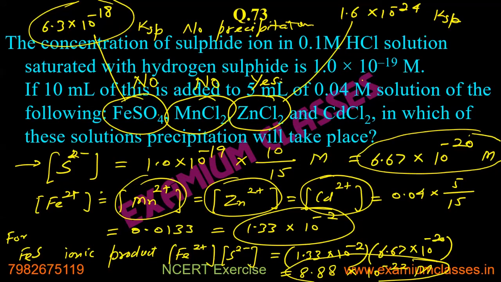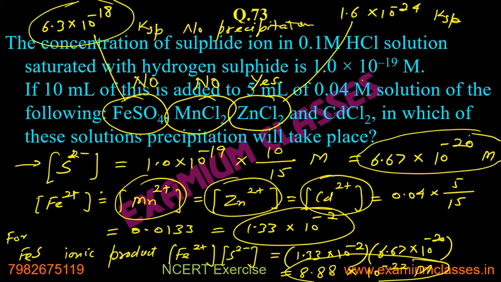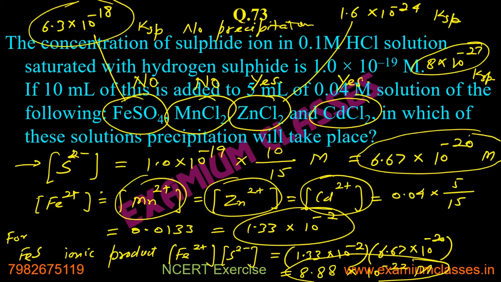Correct. Now, in case of CdS, if you have that value also, okay, Devansh, 8 into 10 power minus 27. KSP in case of CdS, which is much less than the ionic product, means ionic product is greater than KSP, the precipitation will take place. So in case of ZnS and CdS, precipitation will take place.